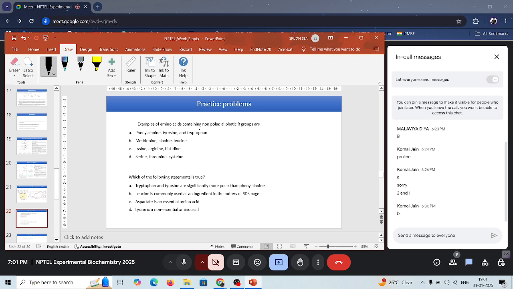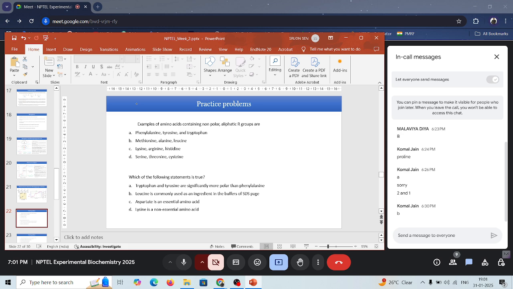Examples of amino acids containing non-polar aliphatic R groups. A similar question like I discussed. So you have to find out the amino acids that contain non-polar aliphatic R groups.